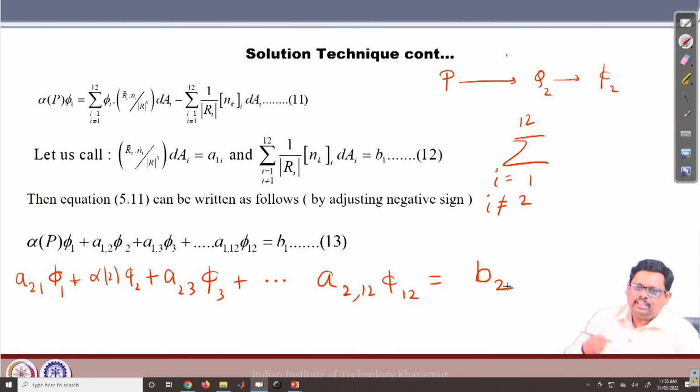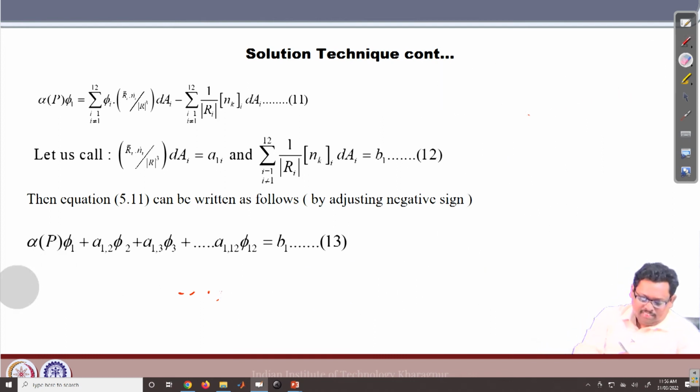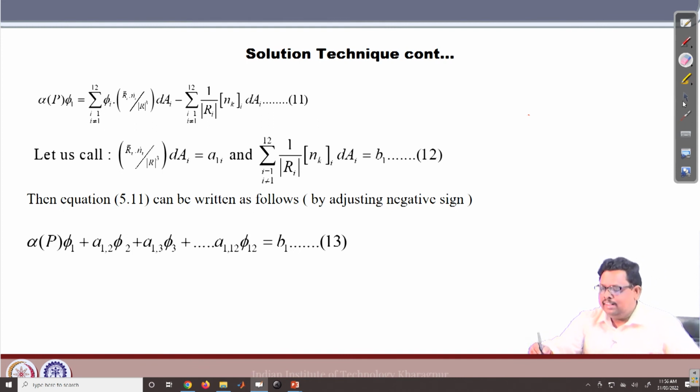So, I write for 3, I write for 4, I write for 5, I write for 6, right. Okay. So, now you see how I convert that integral equation into a set of algebraic equations, right.